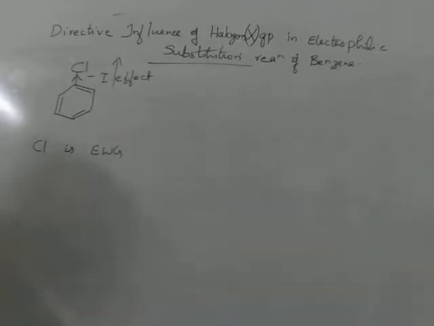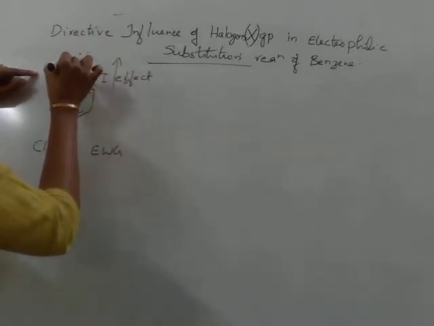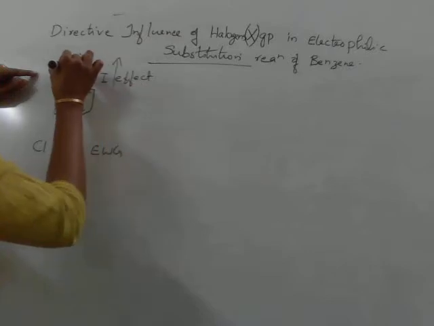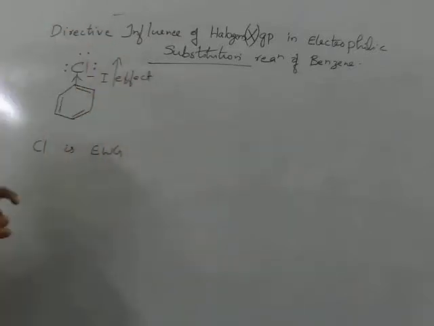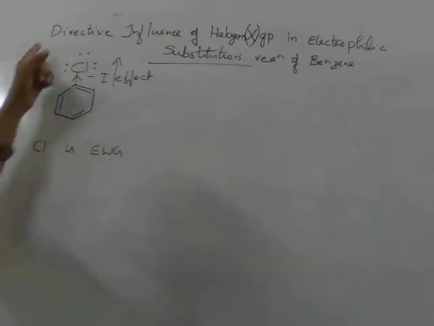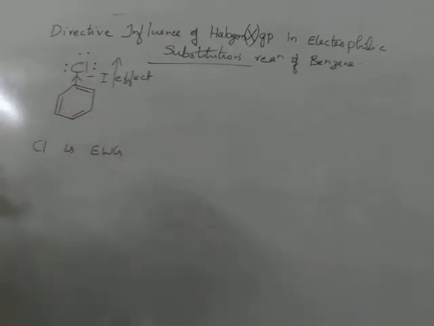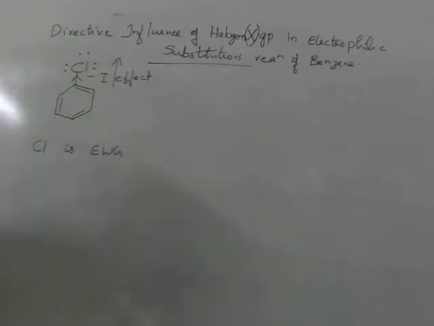Now in addition to inductive effect, there is one more electron displacement effect due to the presence of chlorine atom, that is chlorine containing lone pair of electrons. How many lone pairs? 3 lone pairs. We know chlorine has 7 valence electrons, only one bond using one of the valence electrons. So the remaining 6 electrons are free, non-bonding. That means 3 lone pairs of electrons.